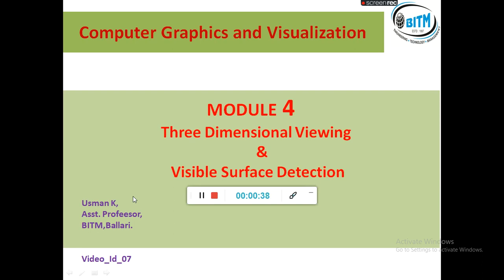Like we are using the glOrtho function, the glFrustum function, next the gluPerspective function, and next the gluLookAt function. These are the various types of functions we use in our OpenGL program to project a three-dimensional object on the two-dimensional screen of the monitor.